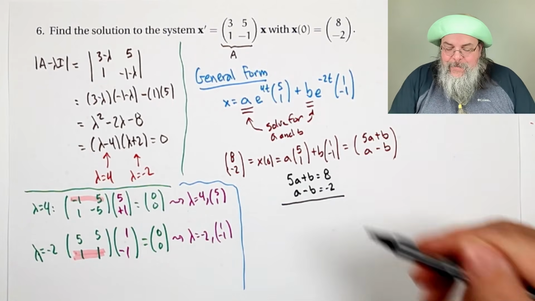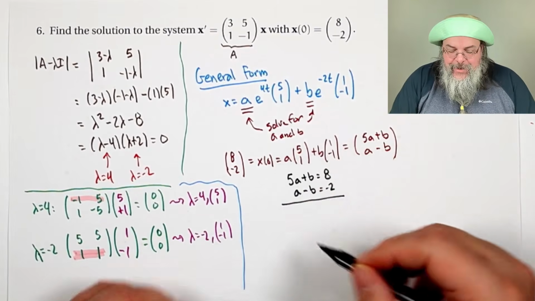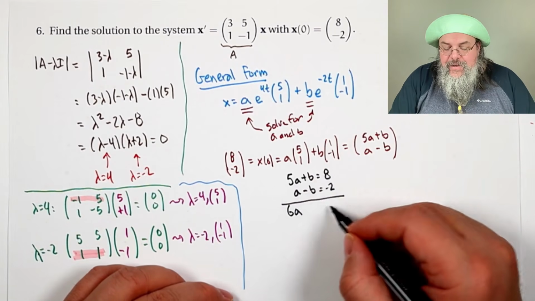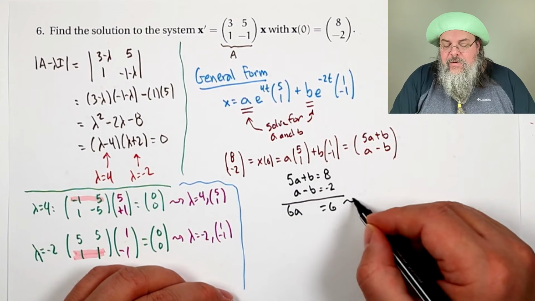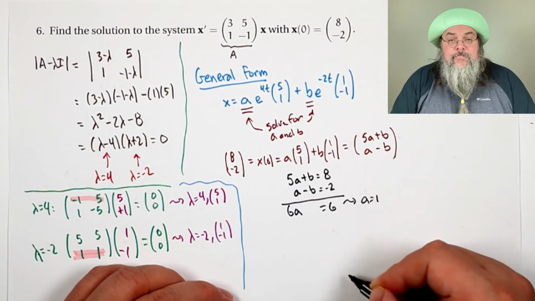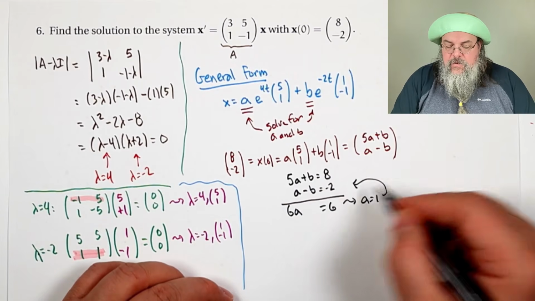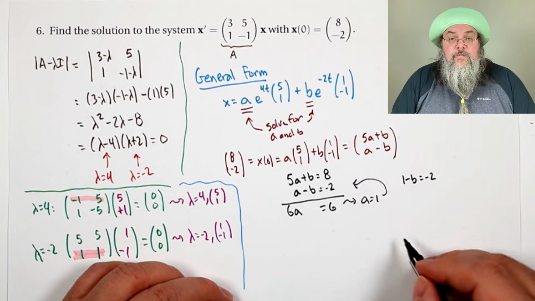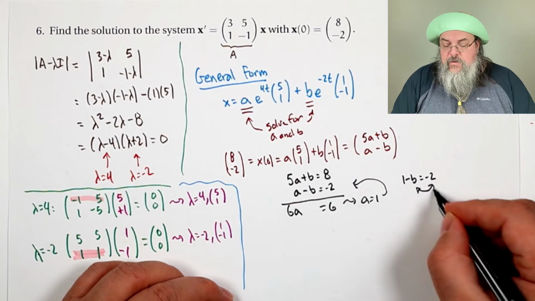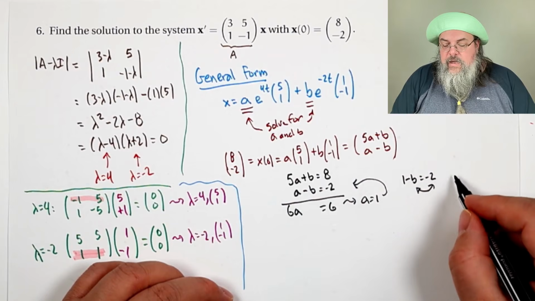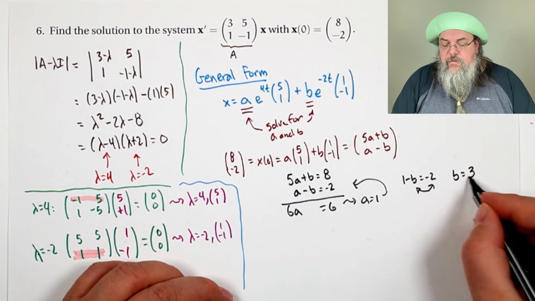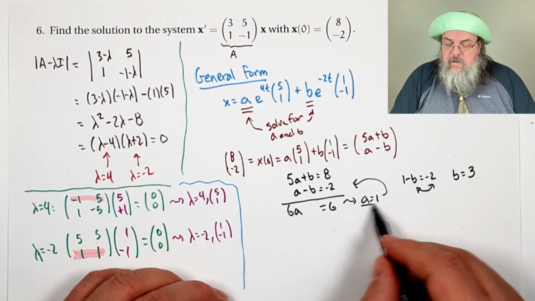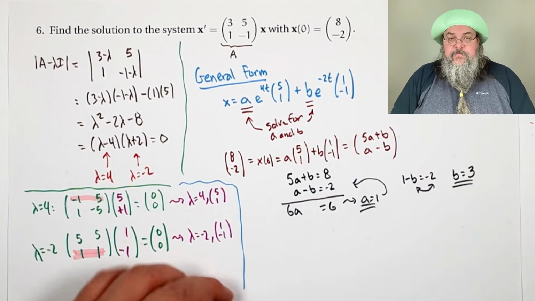Nice. So if we straight add, we get 6a, no b's, equals 6, which says a should be 1. Okay, throw that in. This is one of the equations. 1 minus b equals negative 2. Swap those around, and we get that b equals 3.